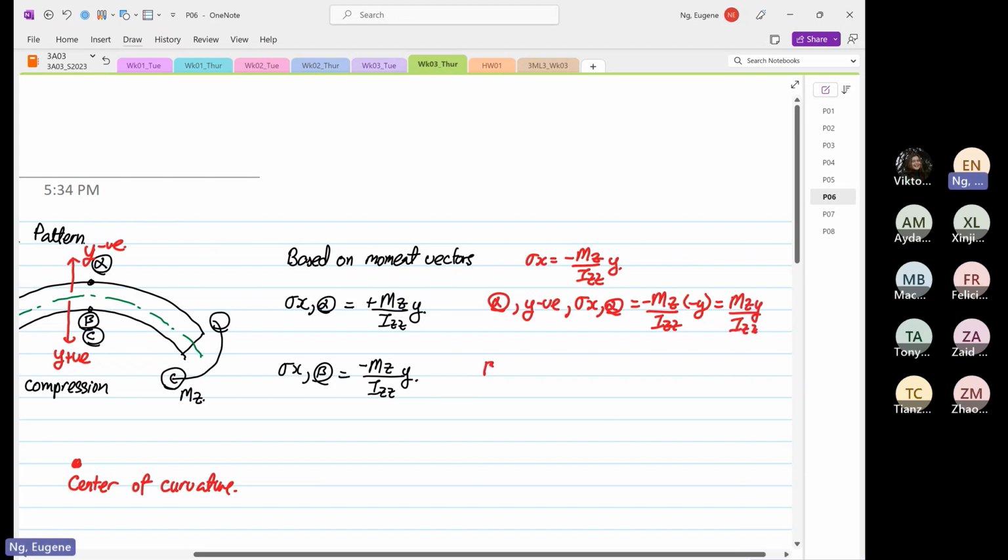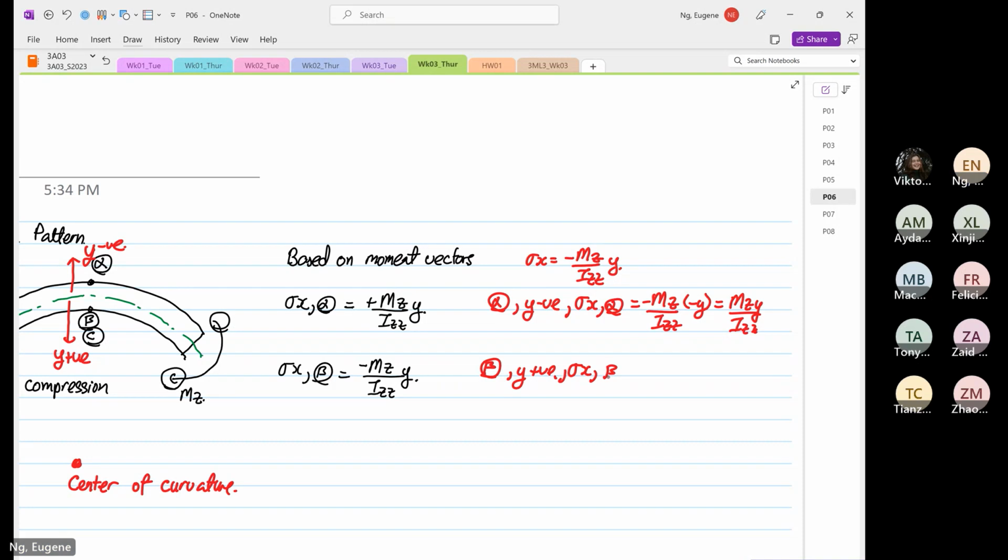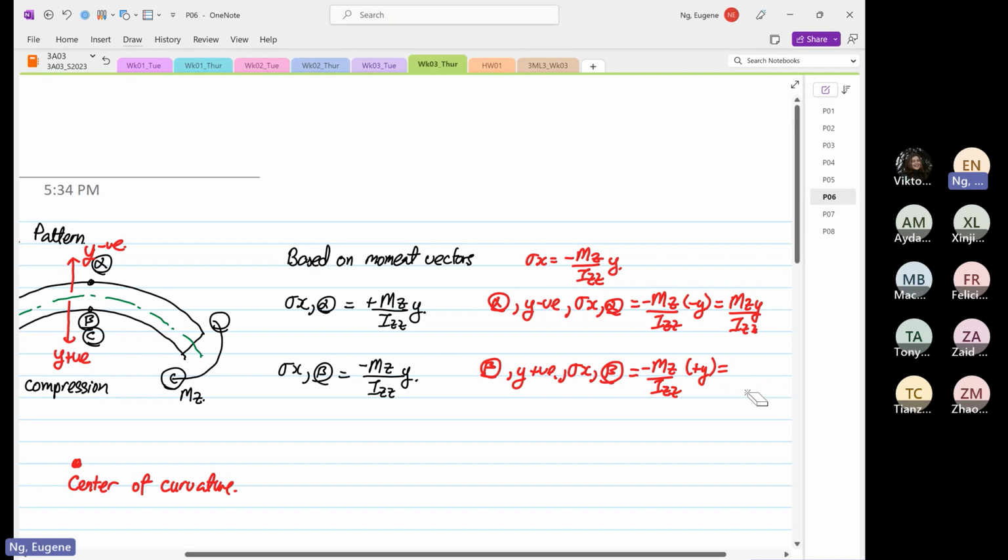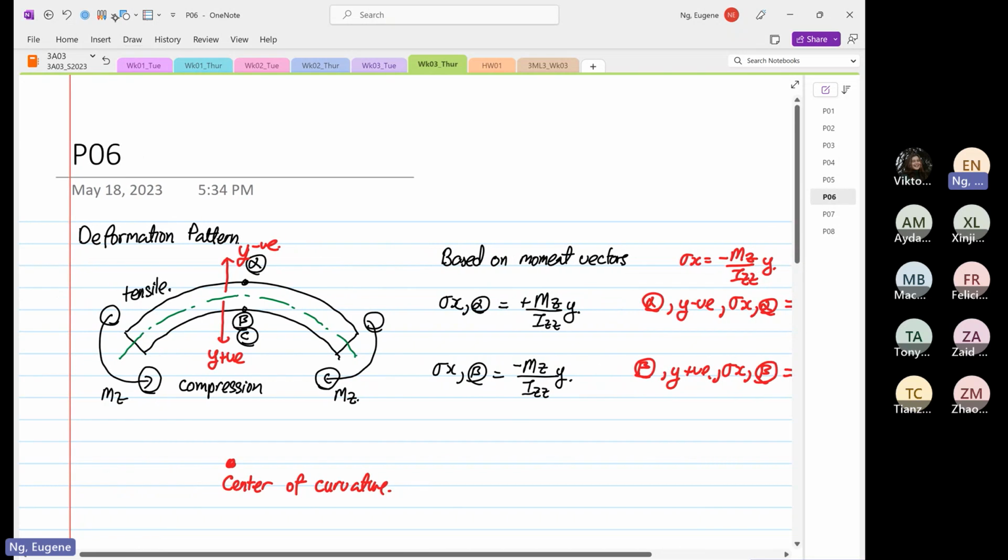And then now you go back to beta. At beta, from the centroid, y is positive. Then you can say that stress X at beta is equal to minus Mz over Izz multiplied by positive y. So this is equal to minus Mz y over Izz, and there is a minus sign over here. So there are a lot of steps that you have to remember. Why not just apply this technique that I've just taught you?